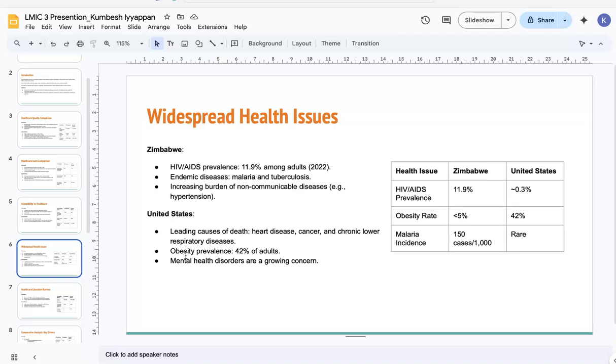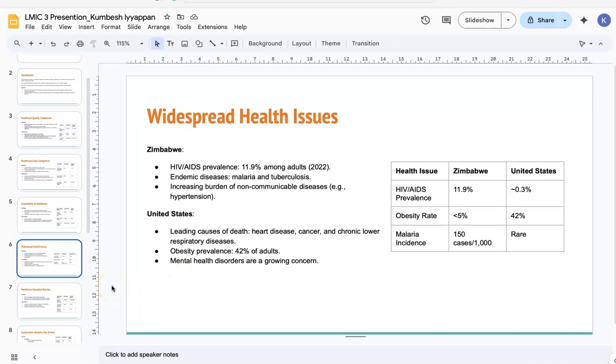There is an increasing burden of non-communicable diseases like hypertension, whereas in the US, the leading causes of death are heart diseases, cancer, and chronic lower respiratory diseases. Obesity is an alarming issue in the country. 42% of the adults are obese, and mental health disorders are a growing concern, but the country is making investments to deal with mental issues.